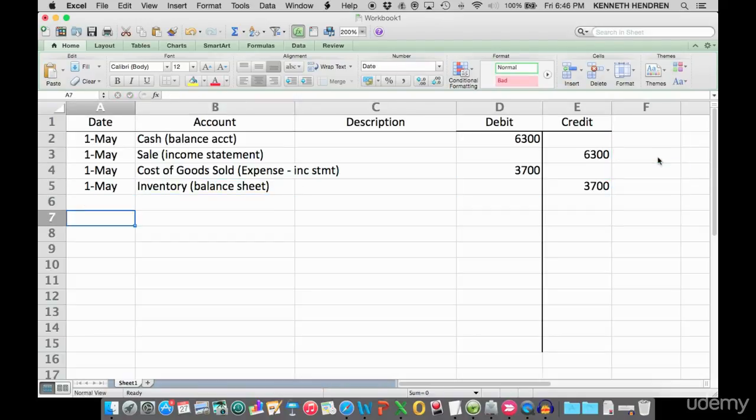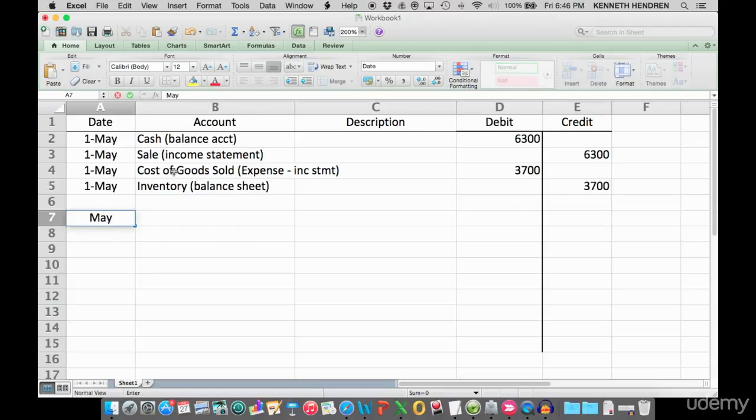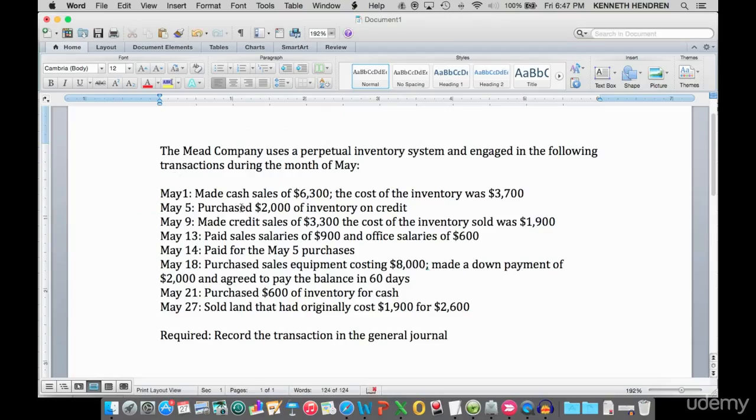Okay, now the next journal entry, May 5th, purchased $2,000 of inventory on credit. All right, we have inventory and on credit.